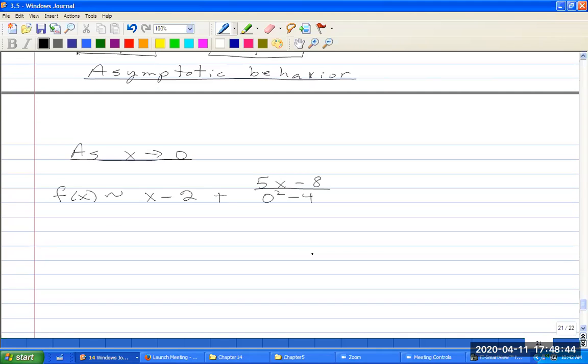we're making x small. So f of x is asymptotic to x minus 2 plus, I'm dividing by negative 4, so this is plus negative 5 over 4x plus 2. The 2's cancel.